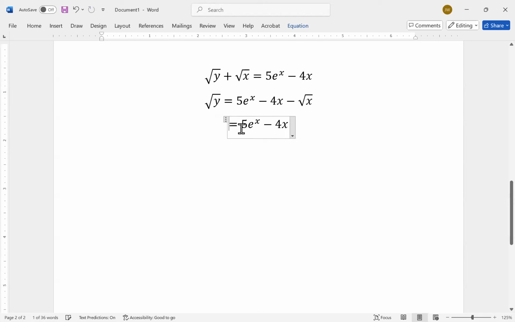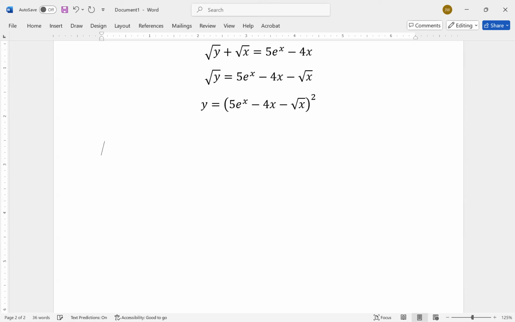If I square the left-hand side, I just get y. If I square the right-hand side, I get 5e to the x minus 4x minus square root of x, all of that being squared. So all three terms on the right are being squared.